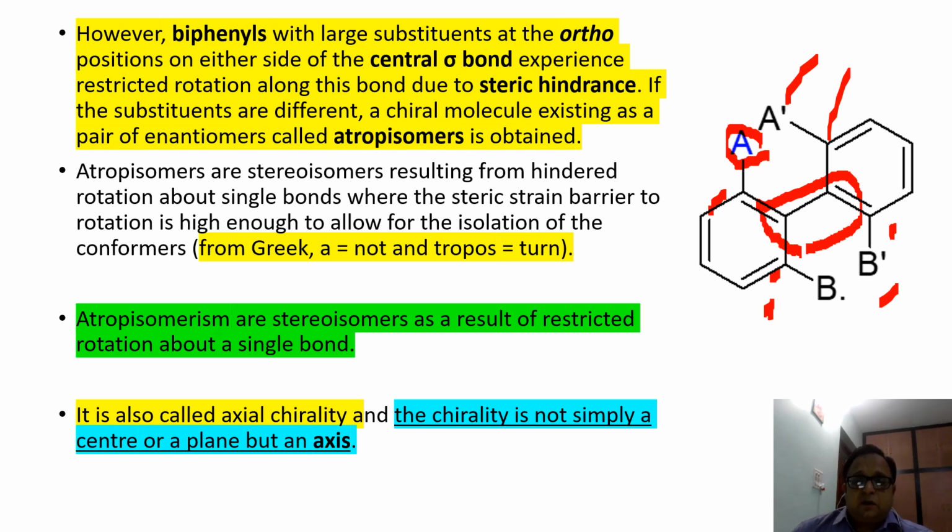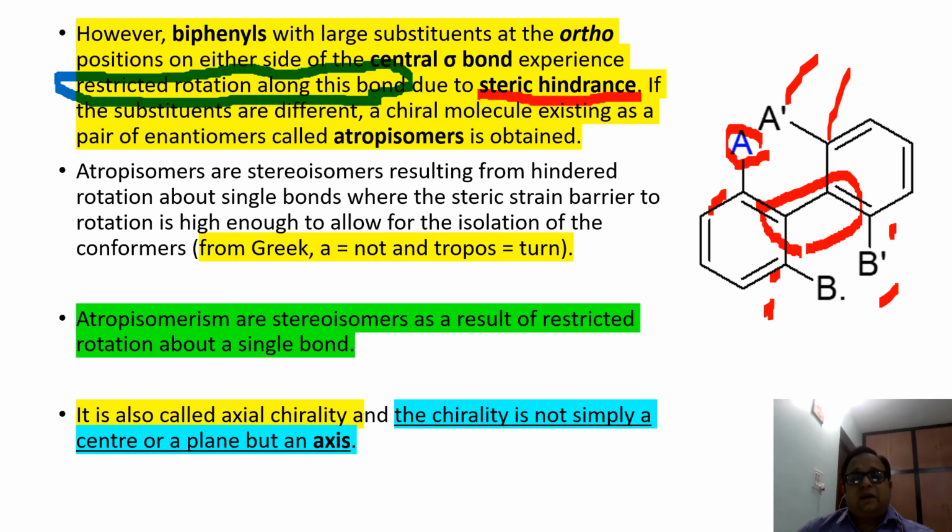Introduction of these substituents results in steric hindrance. This steric hindrance generates restricted rotation along this bond, and as a result of this restricted rotation, atropisomers are obtained.